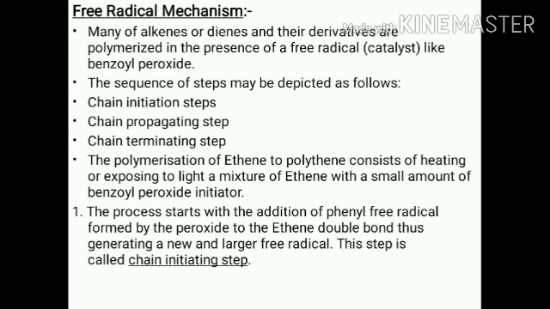The first step is chain initiation. The process starts with the addition of phenyl free radicals formed by the peroxide to the ethene double bond, thus generating a new larger free radical. This step is called chain initiation.